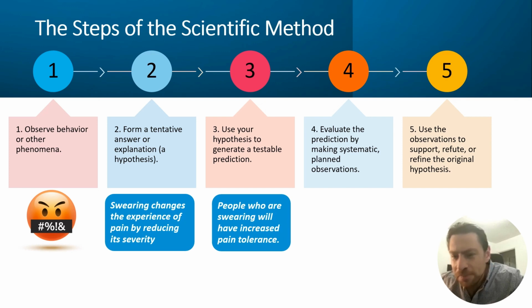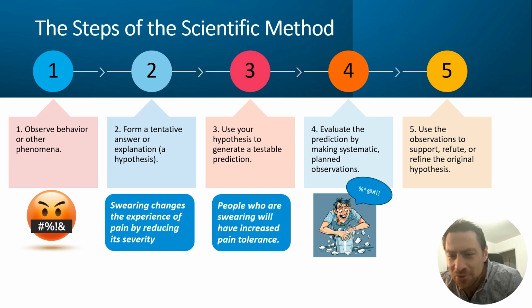Number 4 is to evaluate the prediction by making systematic planned observations. And so we ran this experiment where people submerged their hands in ice water. And some people used profanity and some did not. And we can measure how long they can last in the ice water.